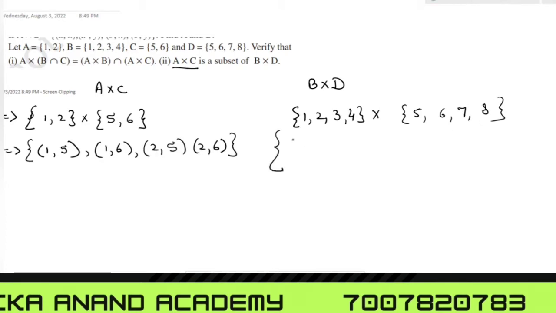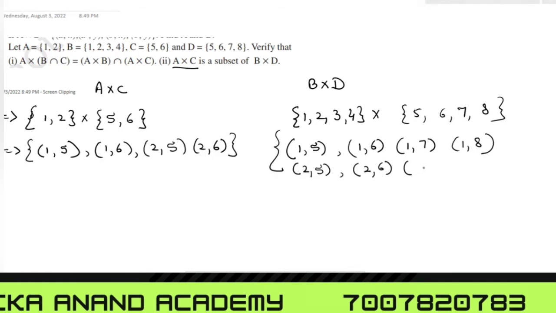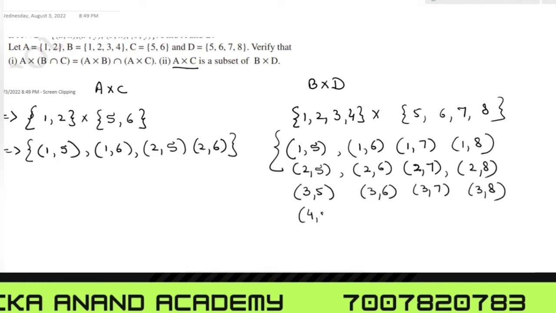So we have the ordered pairs 1 comma 5, 1 comma 6, 1 comma 7, 1 comma 8. Similarly 2 comma 5, it's better to write like this in order to observe the results. 2 comma 6, 2 comma 7, 2 comma 8, 3, 5, 3, 6, 3, 7, 3, 8. Then 4, 5, 4, 6, 4, 7, and 4, 8.